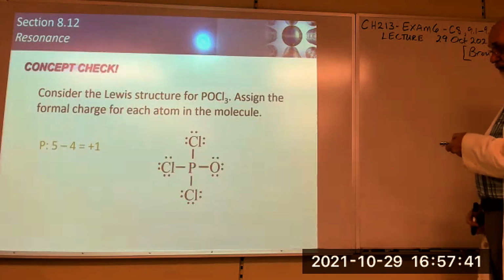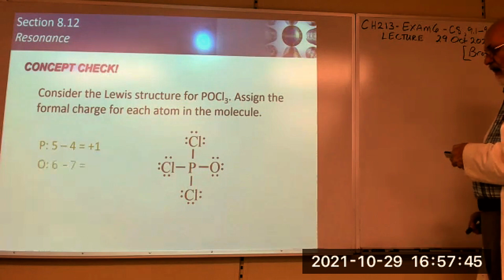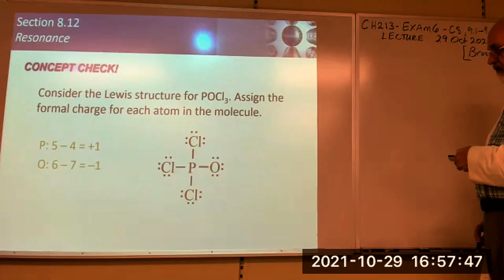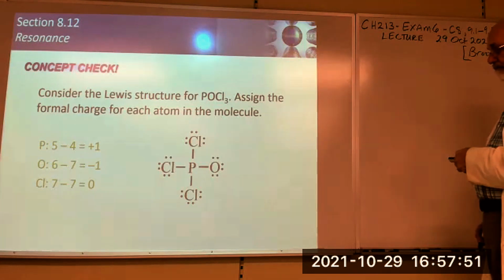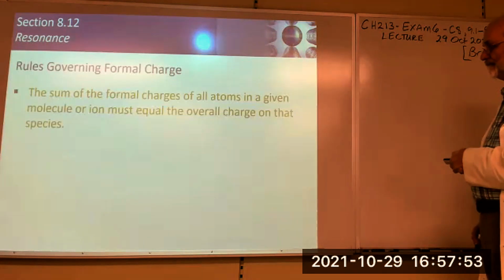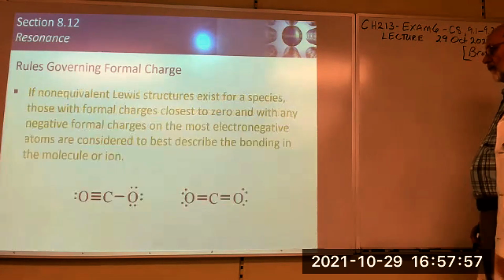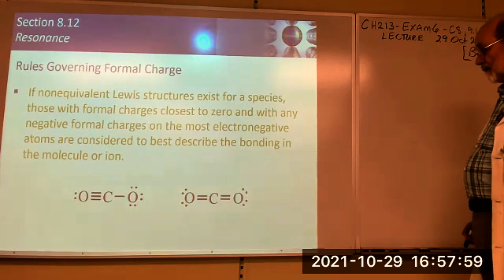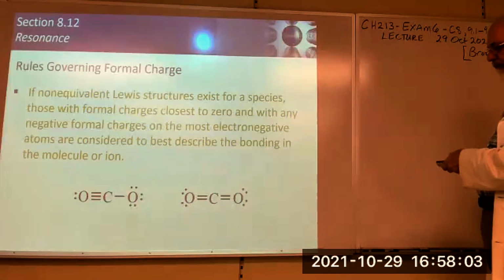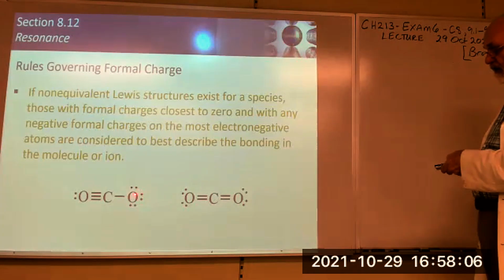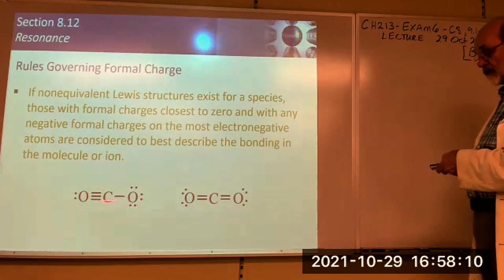So this one gives phosphorus a +1 formal charge. Oxygen is a -1 formal charge, and chlorine is 0. Just as an example. Okay, oh good, they did it for me. So if we're saying this is 2468, 2468, 2468, that's a valid Lewis dot structure.